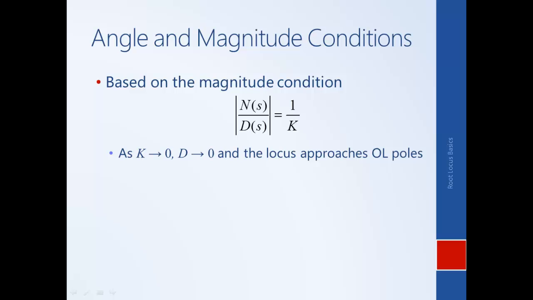And this is something we saw in our previous example. Similarly, if k gets large, if k approaches infinity, then we have a finite number divided by a very large number, and this becomes 0. In order for the left-hand side to become 0, either d needs to become large or n needs to become small. And so values of s that make the numerator approach 0 or equal 0 are what?